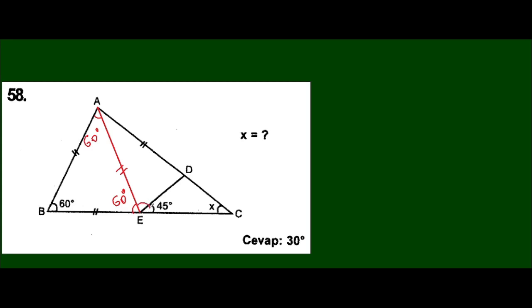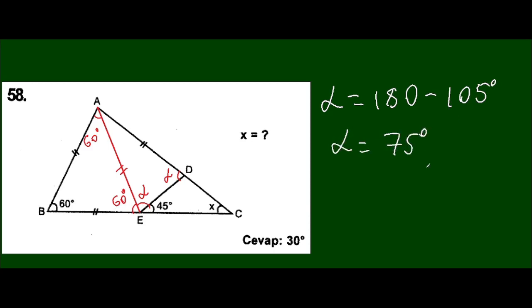So we know that this angle has to be alpha and alpha. They are equal, and alpha will be equal to 180 minus 105. The sum of 60 and 45 gives us 105. So alpha will be 75 degrees.